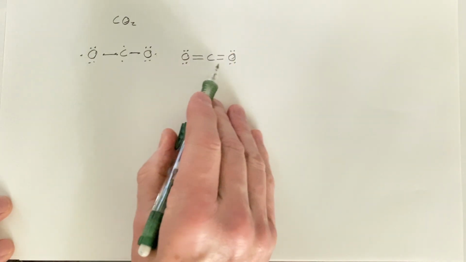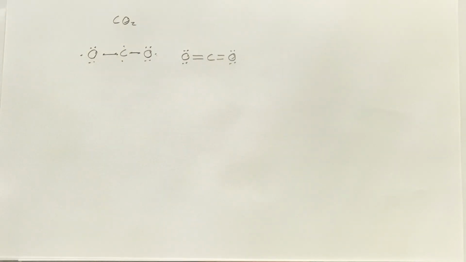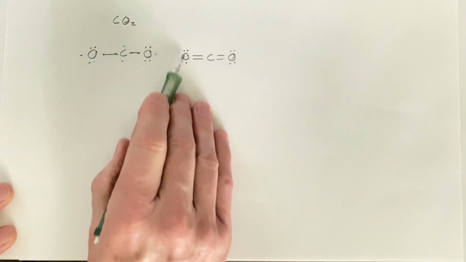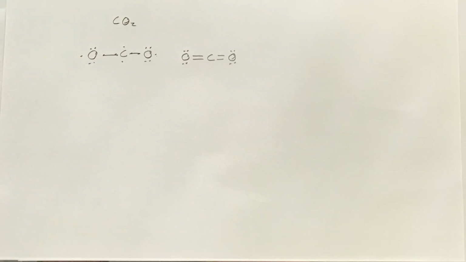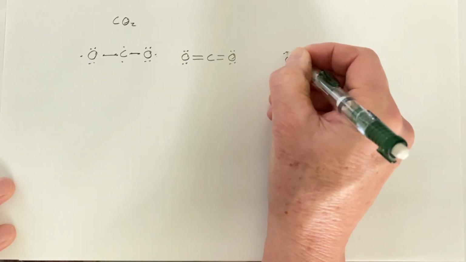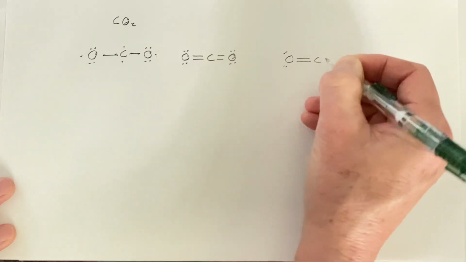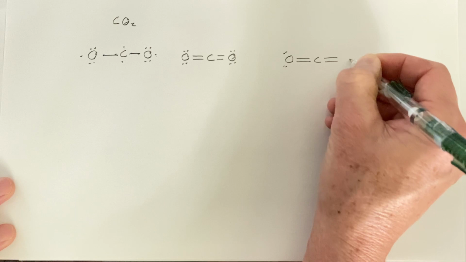The bonds around a carbon atom are at 180 degrees, and this is the optimal configuration based off of VSEPR. We see the lone pairs on the oxygen atoms should be at 120 degrees, so we make one adjustment to our Lewis structure that conforms to VSEPR.